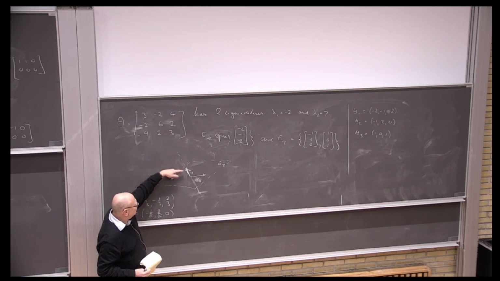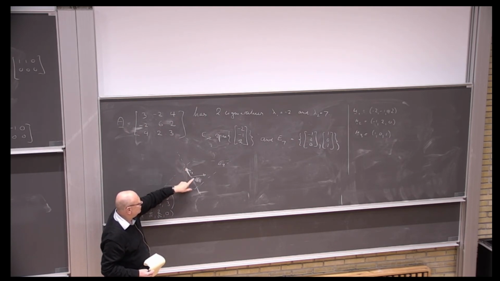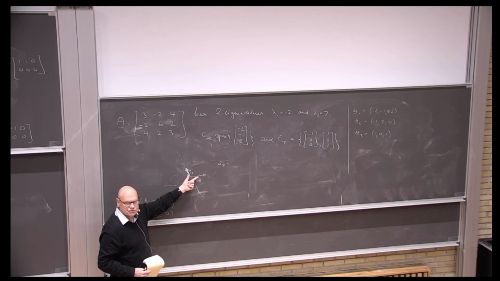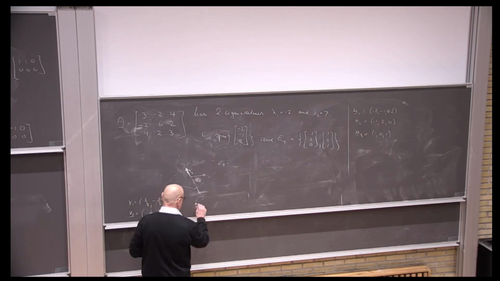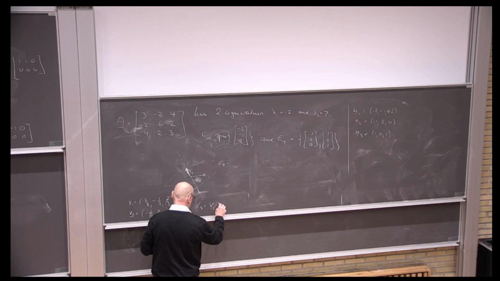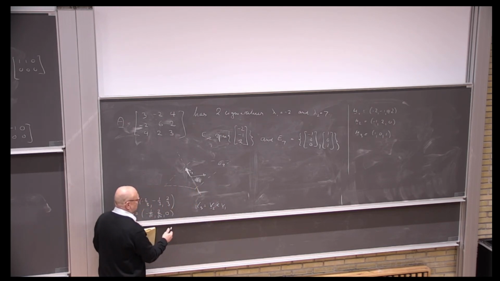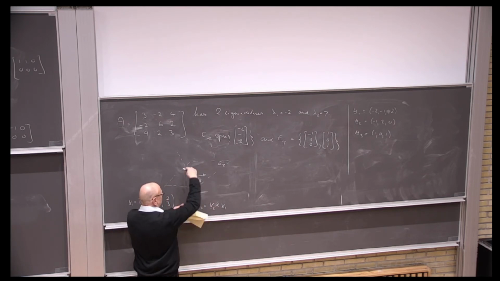And of course it is perpendicular to v1, but it should also be orthogonal to v2. So I can just use the cross product of the two. I take as the third vector this cross product.